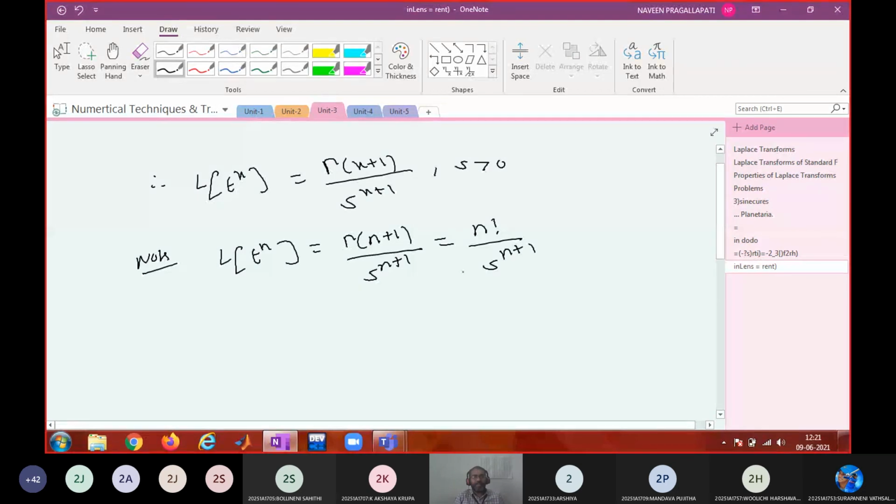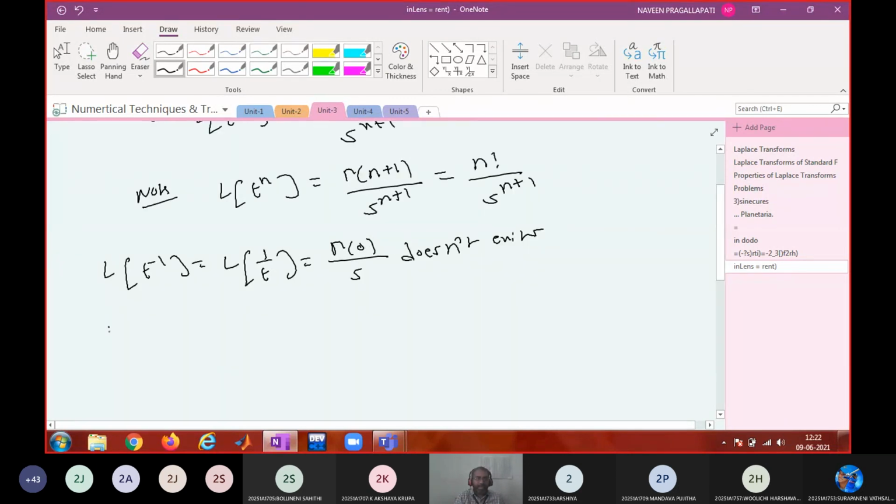Okay. So what can I find out for Laplace of t power minus 1? Laplace of 1 by t is gamma of 0 by s, which does not exist. Similarly, Laplace of t power minus 2 does not exist. This is gamma of minus 1 by s power minus 1, which does not exist.